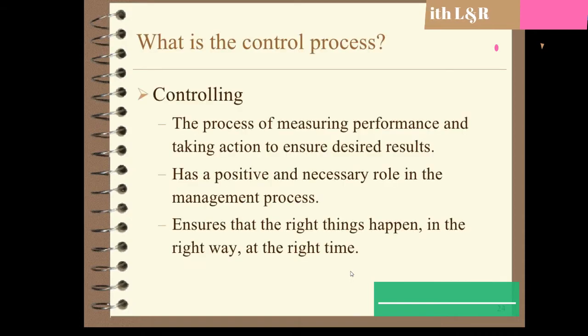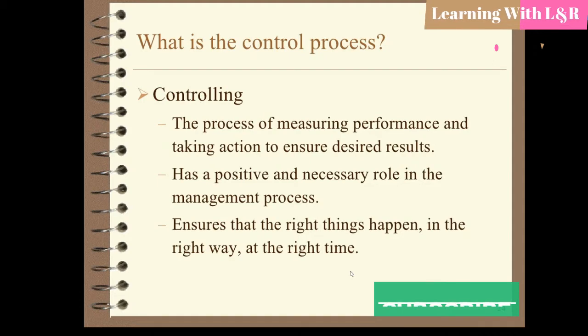Let's start. What is the control process? Controlling is actually when we make the plan or objective. When we verify that objective with the performance, that is actually the control or controlling.